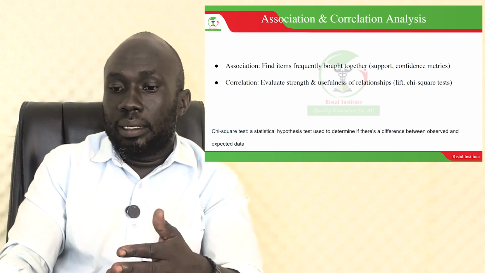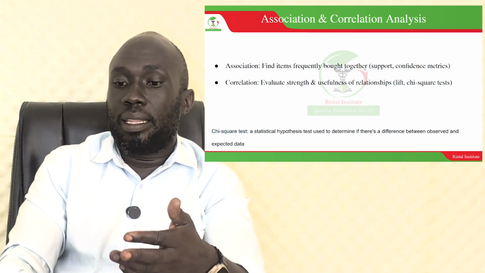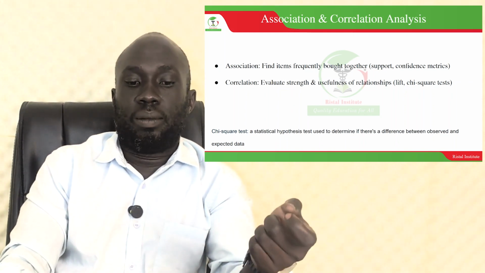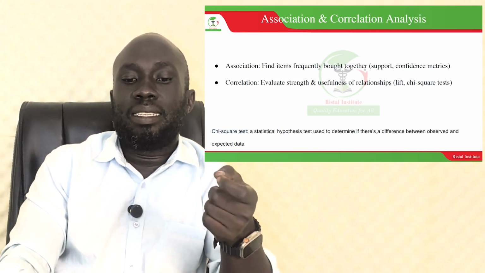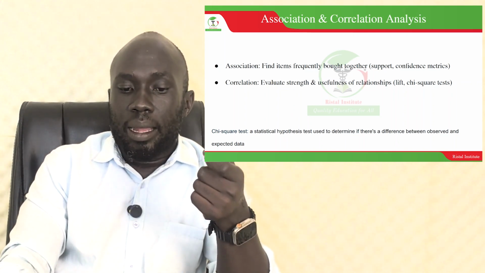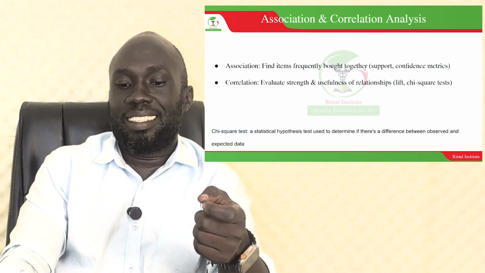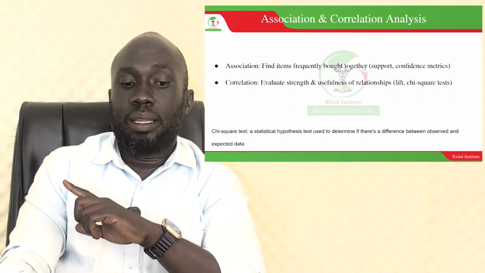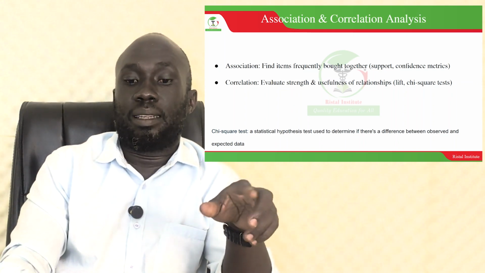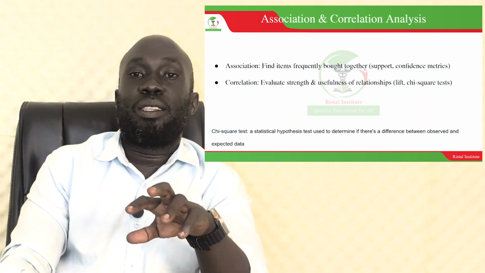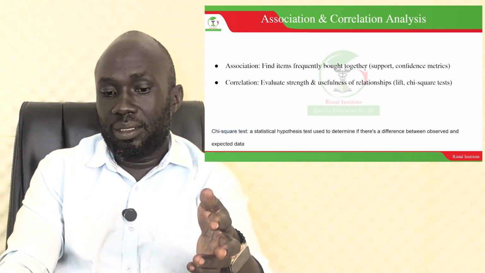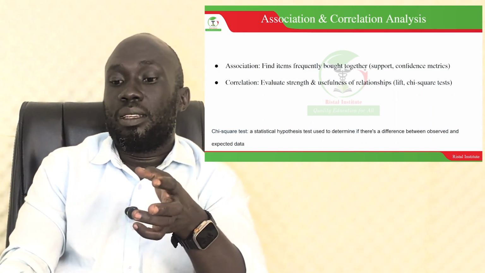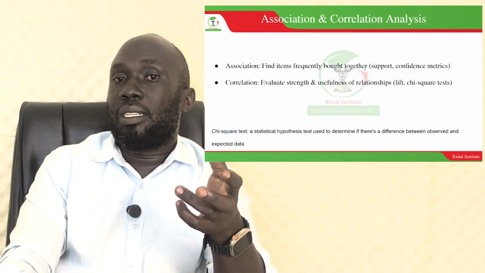And the examples are lift, and then there is something called the chi-square test. What's the chi-square test? It's a statistical hypothesis test used to determine if there is a difference between observed and expected data.